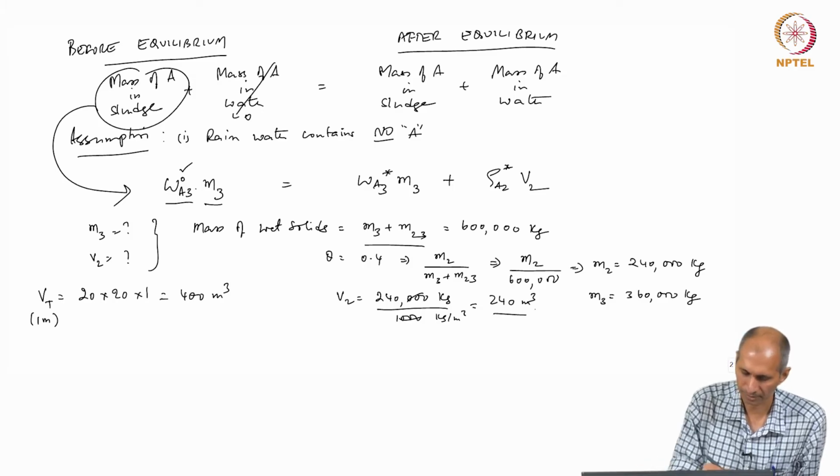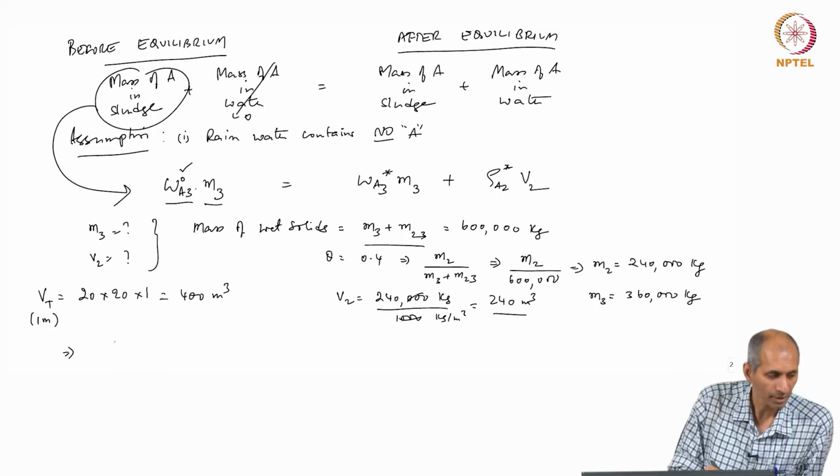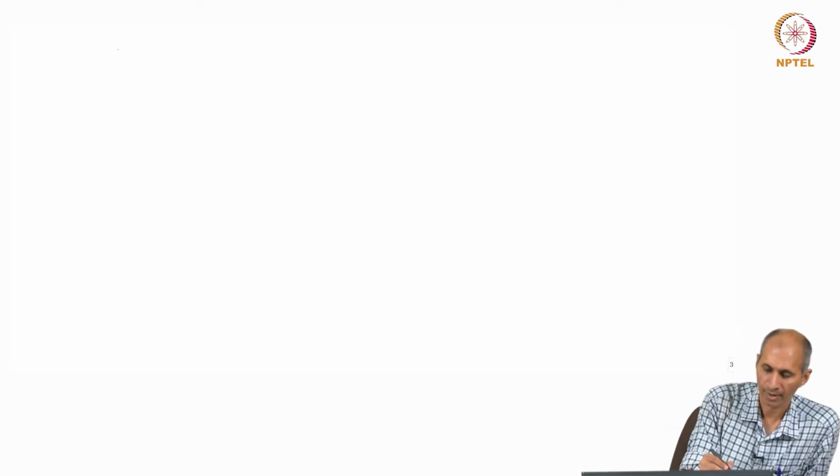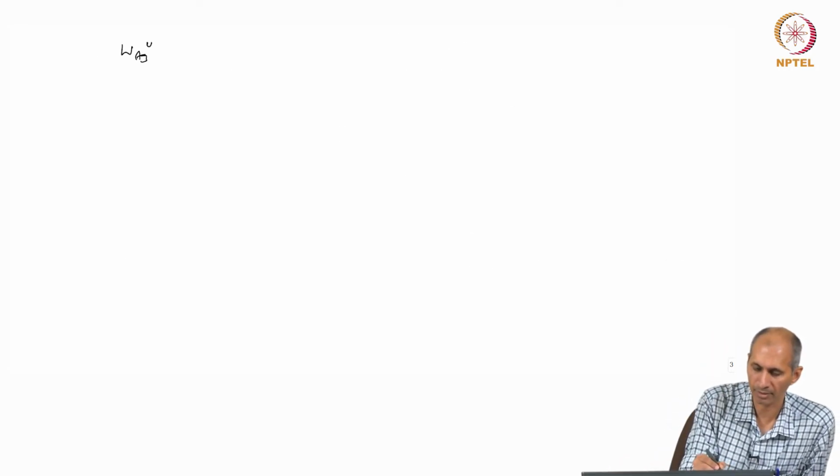Now we do the mass balance. Let us go to the next page. WA3 0 M3 equals WA3 star M3 plus rho A2 star V2.